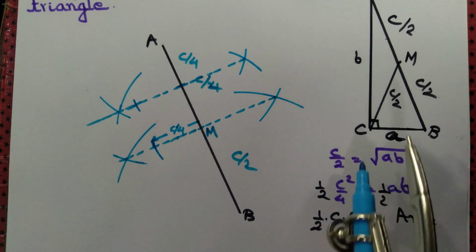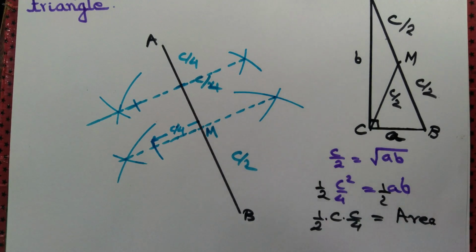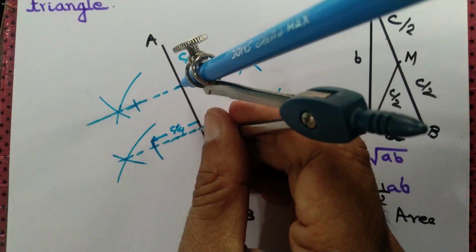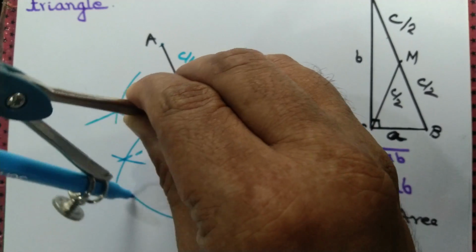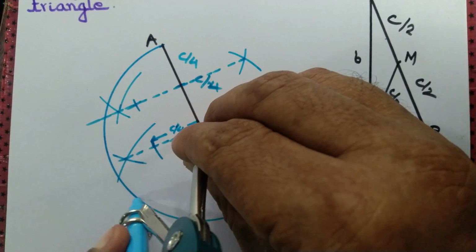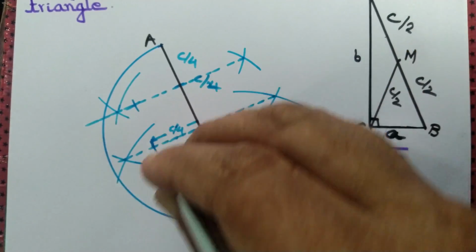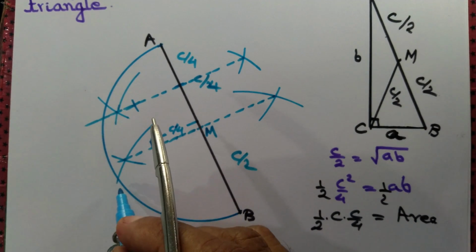But we want angle C measuring 90 degrees, or a right angle. To do so, we adjust the radius of the compass to measure AM, or half of C, and we draw a semicircular arc. Why did we do it? That's because the angle in a semicircle is a right angle. No matter what point we take, we always get a right angle.